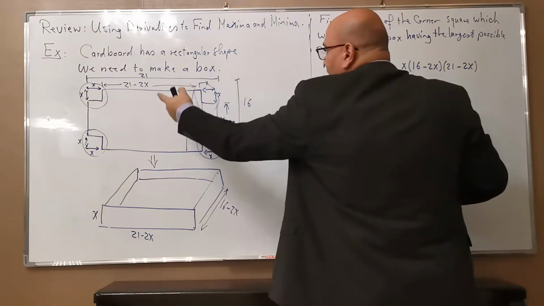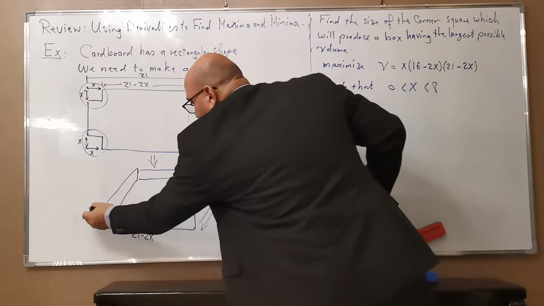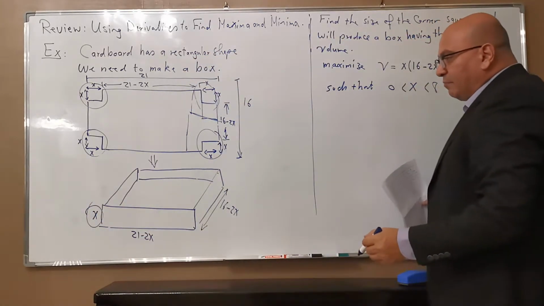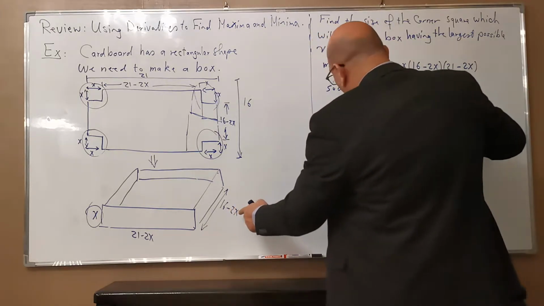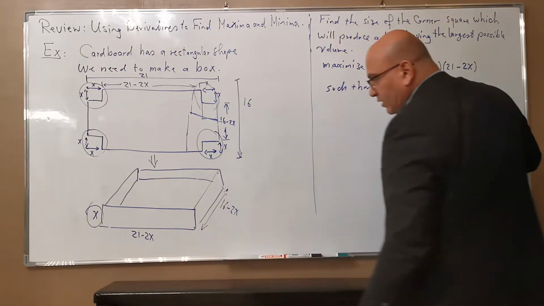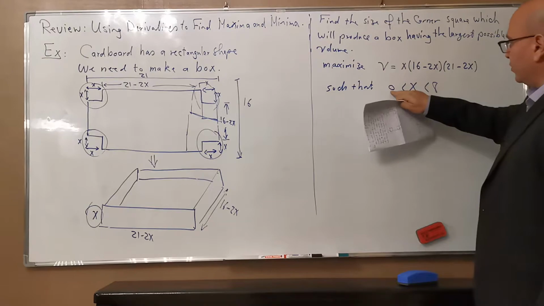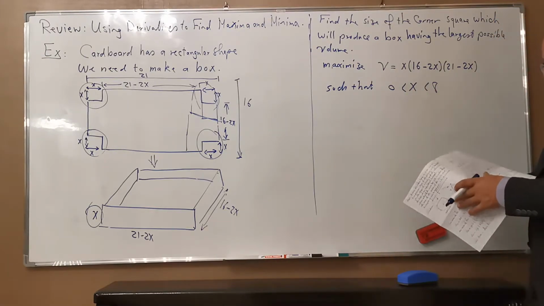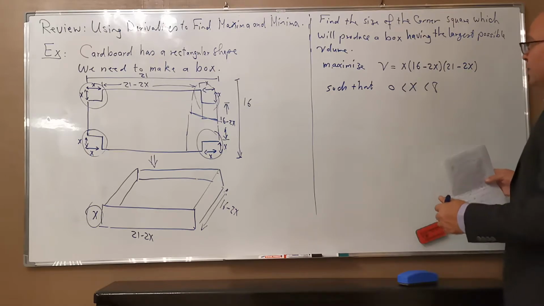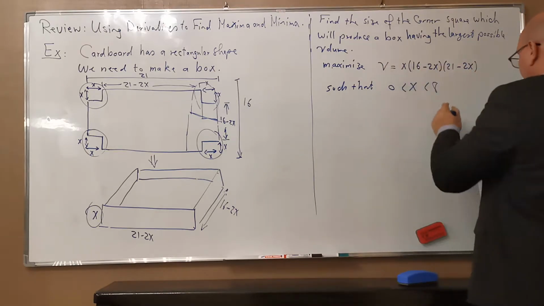If x is 0, then you don't have a height. And if x is 8, then you don't have a width. So x should be between 0 and 8. This is our problem, and this is the formula that we have.